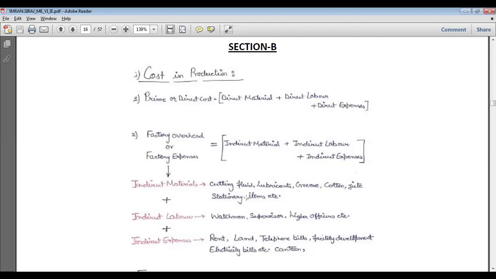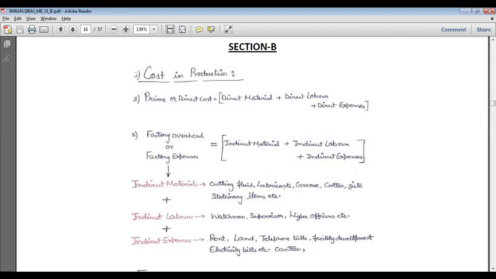So these are the indirect materials that are utilized to produce this product. Indirect labor are watchmen, supervisors, higher officers, etc. These are also involved while production is taken into consideration, because if they were not there, it would not be possible to produce the product.